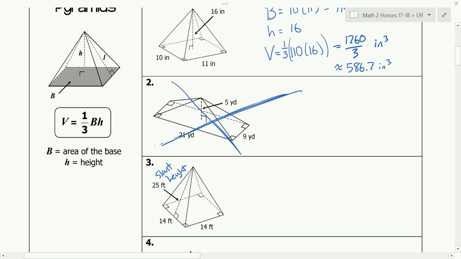So somehow we're going to have to find the height that is perpendicular to this base. To do that, you're going to have to see a little right triangle in there. So go ahead and try getting the volume of 3, make it as exact as you can first, and then approximate it with a decimal.